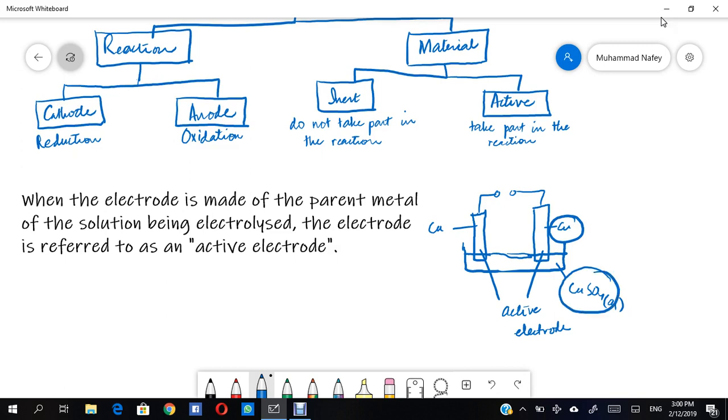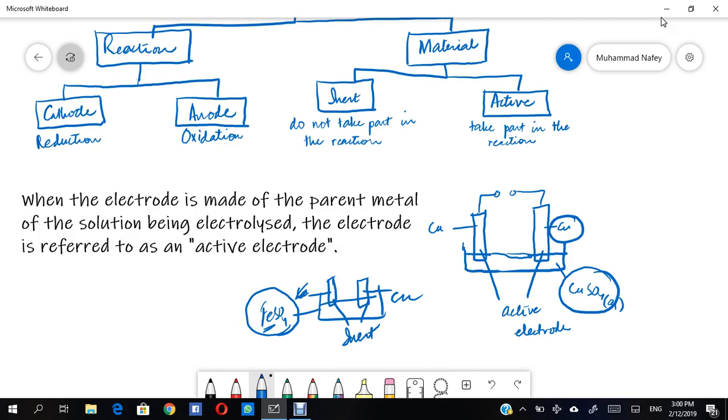That means that if I have a solution of iron sulfate and I dip the same copper electrodes into it, these will be referred to as inert electrodes. Why? Because the electrodes being used to electrolyze the iron sulfate solution are not made of the parent metal of the salt.